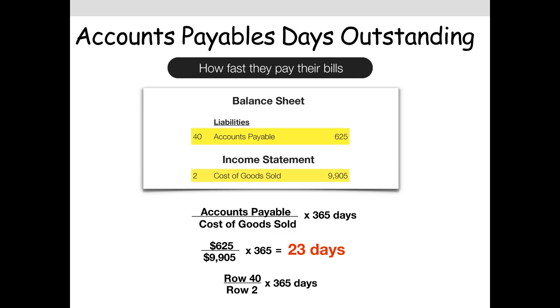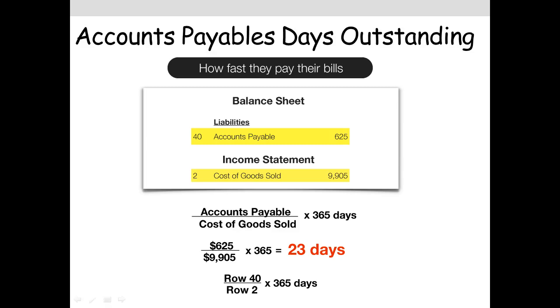Next we move on to accounts payable days outstanding. This shows how fast they pay their bills. This is also in days, so we have to include the 365 in the formula.